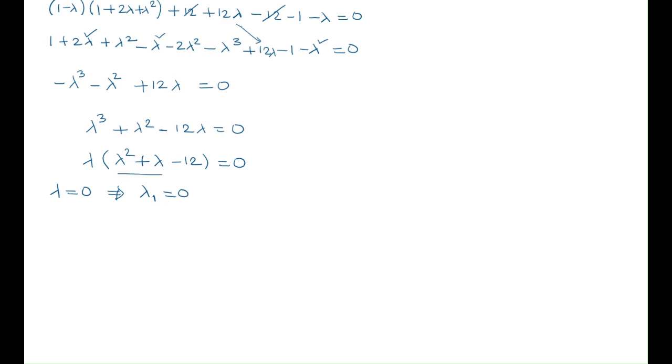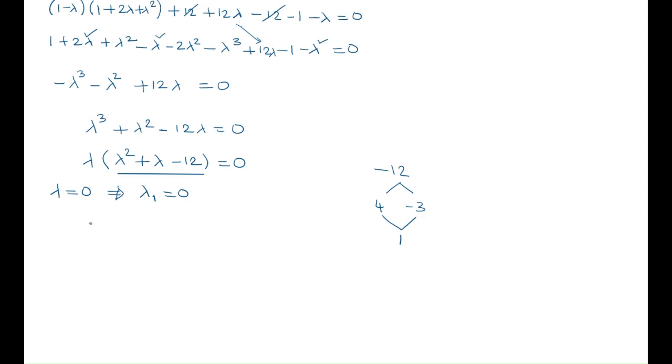Now on solving this quadratic equation, the last element is minus 12. If I split minus 12 as 4 into minus 3, on multiplying I get minus 12 back, and on adding I get the middle number plus 1.